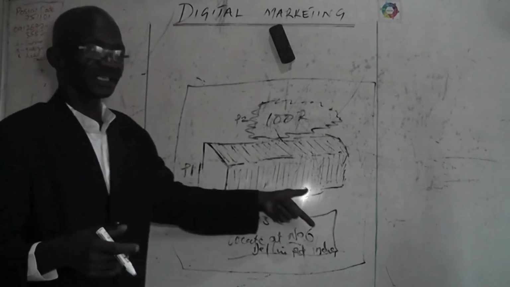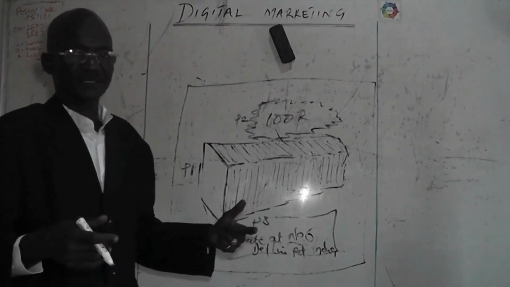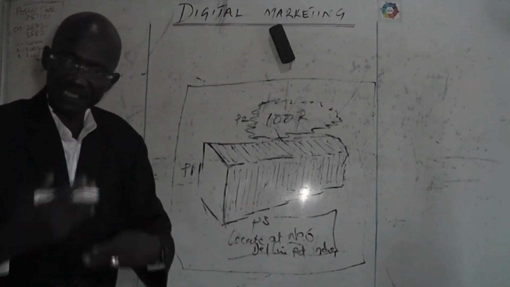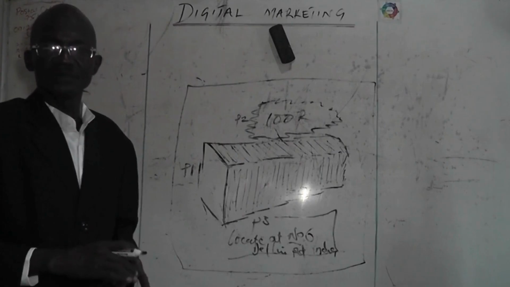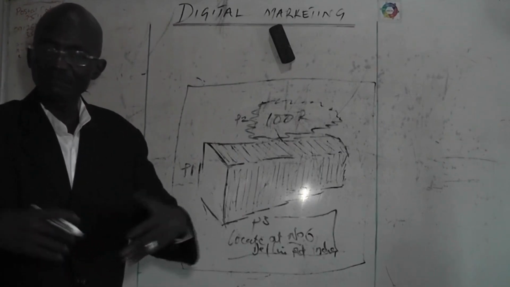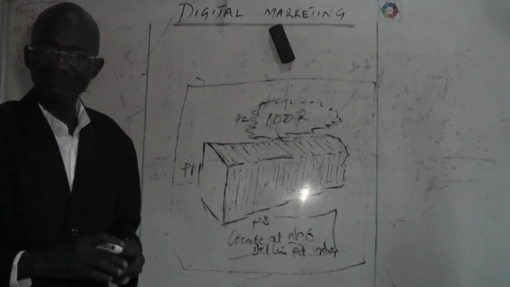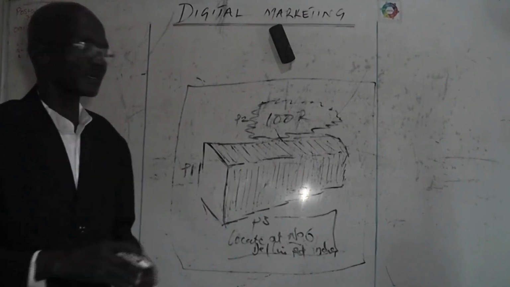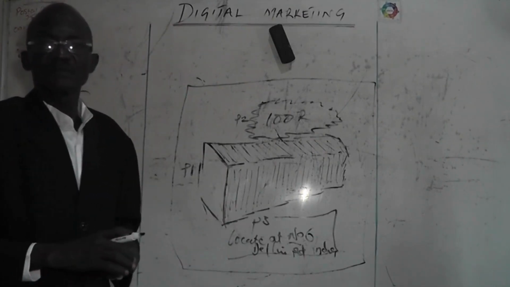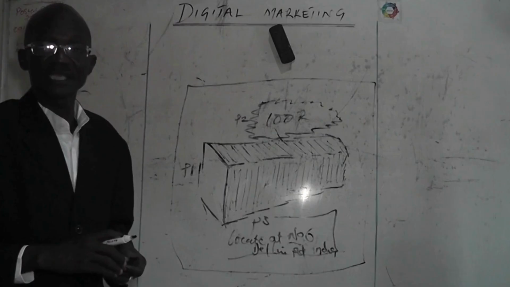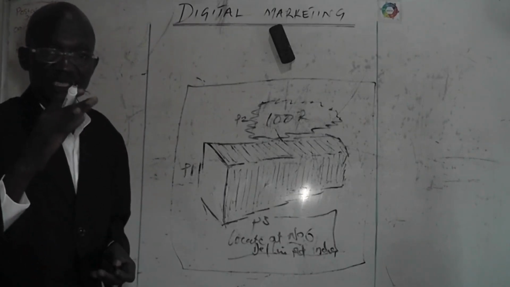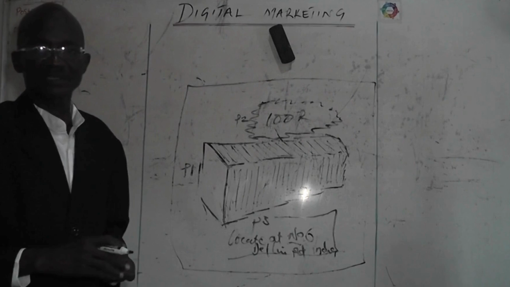The second one is public relations. You send your kids. If you start a little bit, you don't have much capital to spend on adverts, you have to send your kids, you have to send your wife, you have to send the people you think they can reach people so that they will tell them about the products.